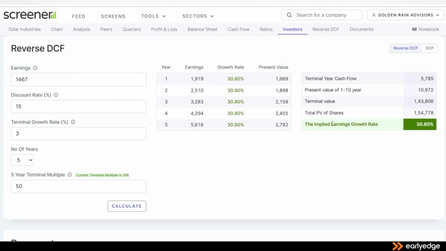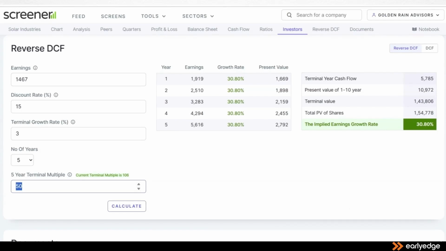It gives you that Solar Industries has to grow by at least 30% for the next 5 years for you to realize a 15% return with a terminal multiple of 50 PE. Very quickly you are able to come to a judgment as to what factors you need to look into and understand if the current price is reasonable or not, and if there is a margin of safety.